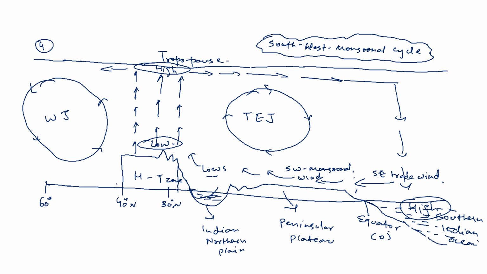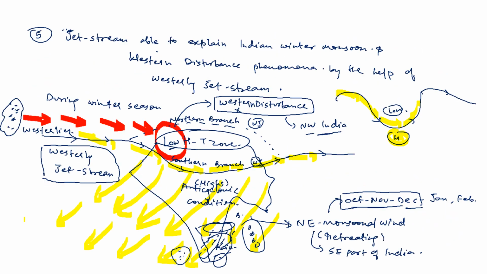So this is the monsoonal cycle of India. So till the tropical easterly jet stream is maintained over India, it is maintaining the southwest monsoon wind causing good rainfall. Okay, so whenever breaks in the southwest monsoon arise, the reason is the westerly jet stream enters this side, and the tropical easterly jet stream is not active.